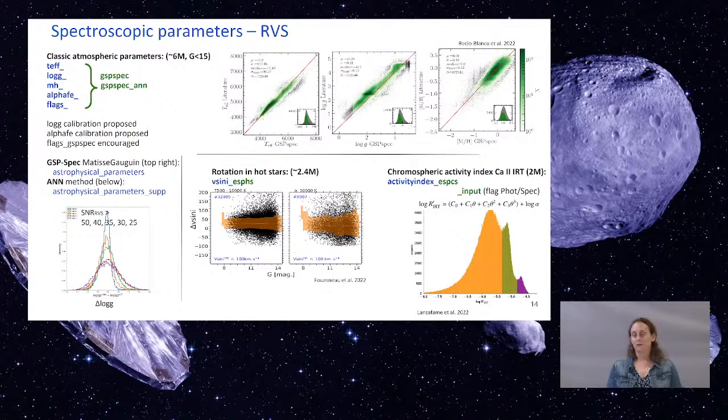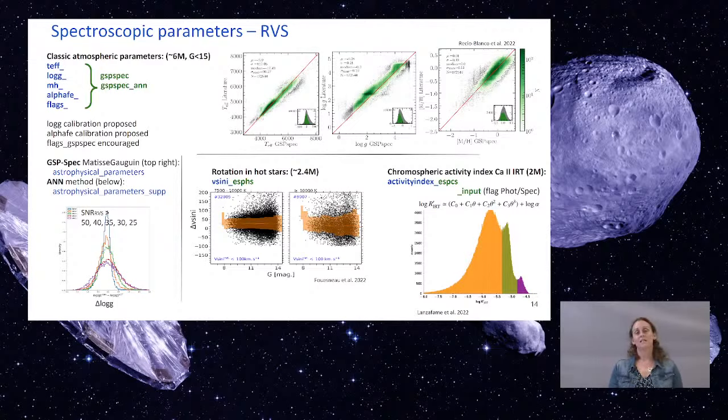There was also a chromospheric activity index that has been measured from the calcium infrared triplet for approximately 2 million stars, and this is called the activity index from the ESP-CS module. What I'm showing in this diagram is a distribution of the activity index, which is related to the actual activity index alpha, given in this formula that I'm showing here, where theta is related to the temperature.